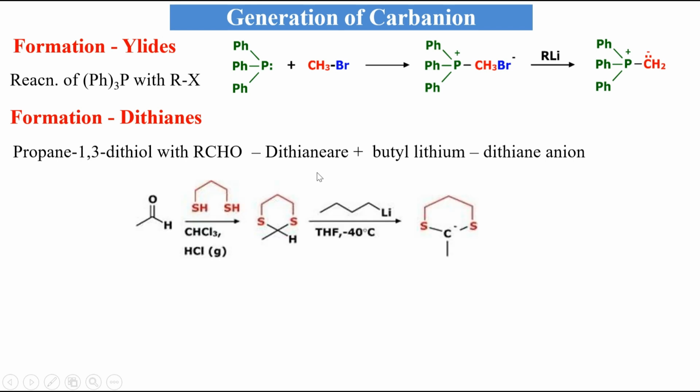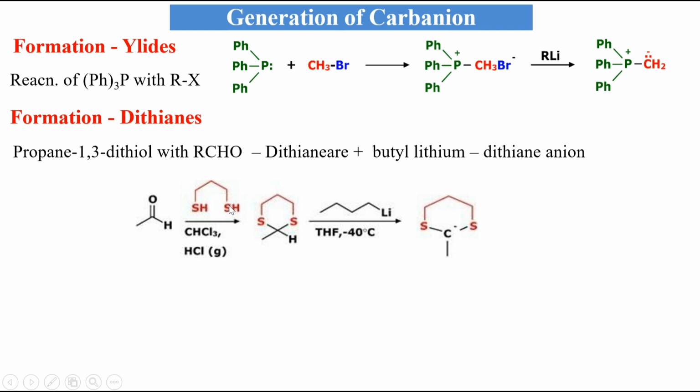See here, in 1,3-dithiol propane, the lone pair of electrons attacks the carbonyl carbon and the pi electrons move onto the oxygen. And O minus combines with H plus from HCl, and it becomes OH.